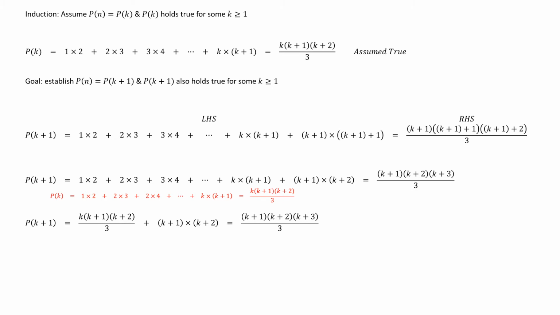Now we have k times k plus 1 times k plus 2 over 3 plus k plus 1 times k plus 2. And that's all going to equal the right-hand side, which hasn't changed. It's still going to be k plus 1 times k plus 2 times k plus 3 over 3.